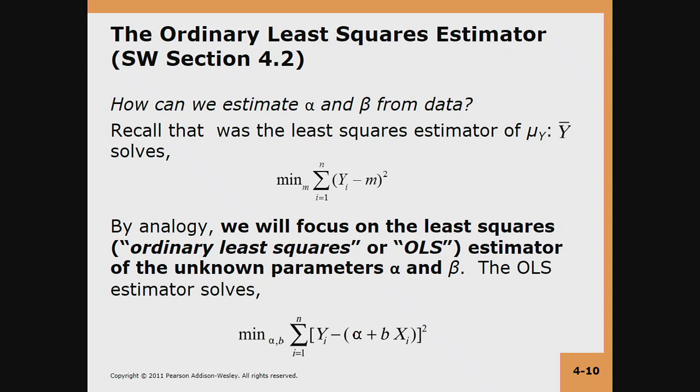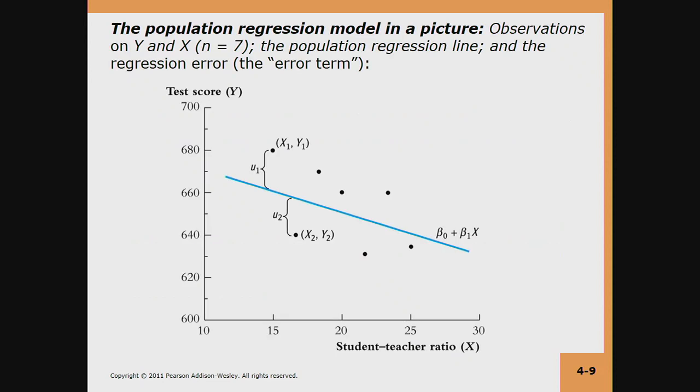What this equation is saying is that for ordinary least squares, our goal is to minimize the difference between the observed points, the actual points, and the line of best fit we have.